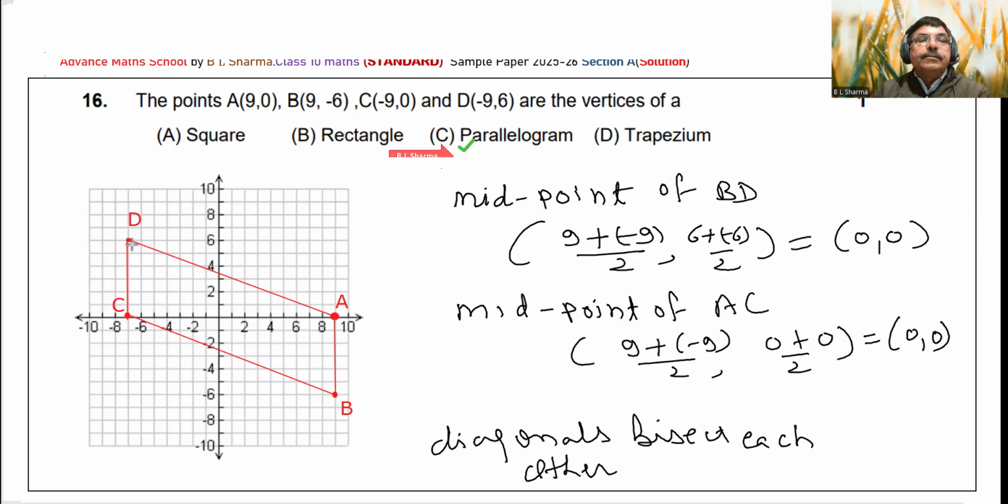You can join this. So, this is a parallelogram.